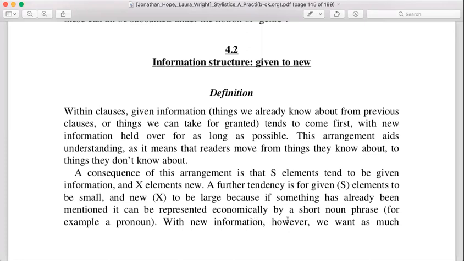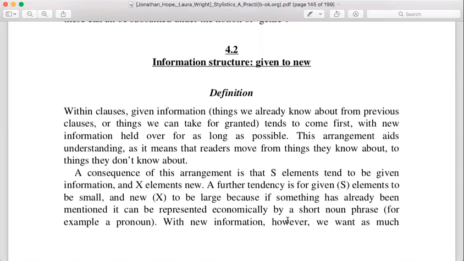Okay, and usually, as we would be seeing in a short while, the given information consists of pronouns, because the nouns are new, and then we use pronouns to refer to the nouns. So the pronouns become the given information and the nouns become the new information.